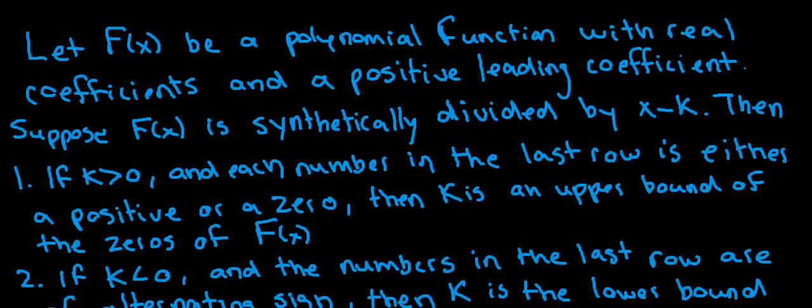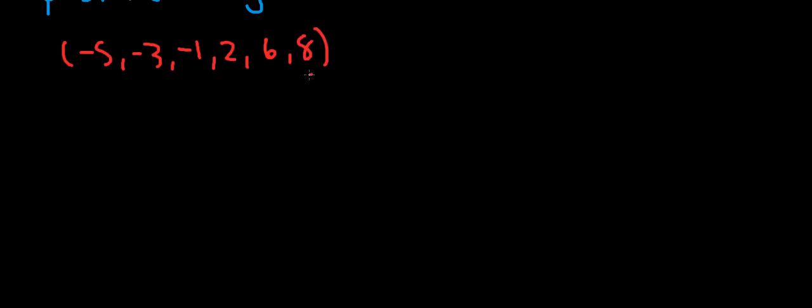So for a quick example, let's say we have a polynomial function with the zeros minus 5, minus 3, minus 1, 2, 6, and 8. The greatest zero is 8, so this is the upper bound, because this function would not have any zeros greater than 8.